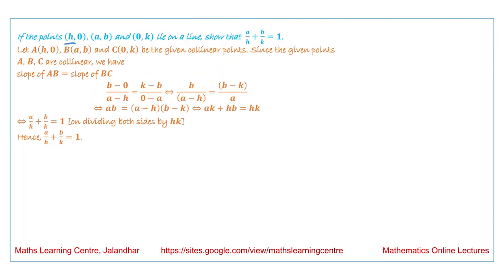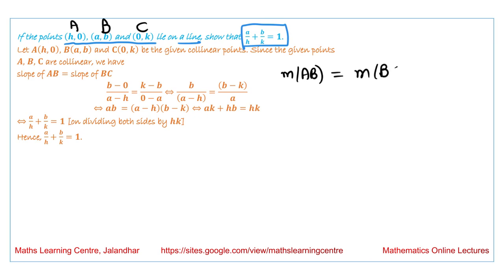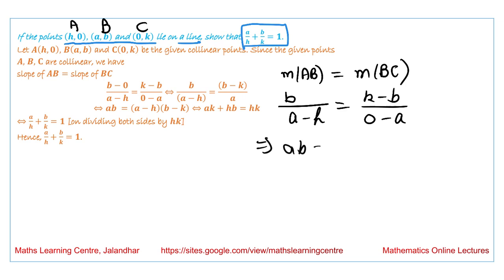Next is, if these 3 points lie on a line, we have to show that this result holds. So again, suppose these points we are naming A, B and C. So the slope of the line AB should be equal to the slope of the line BC. So we are writing b over (a minus h) is equal to (k minus b) over (0 minus a), and this implies ab is equal to (a minus h), it is minus a over here.